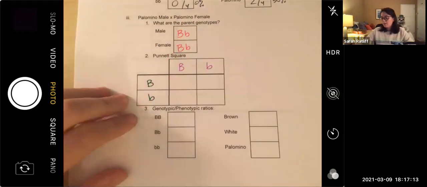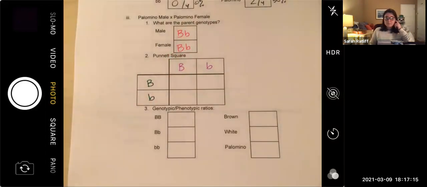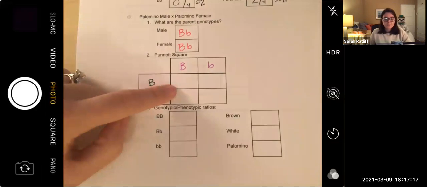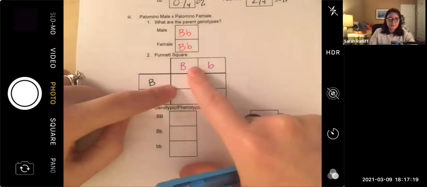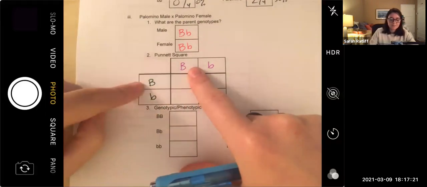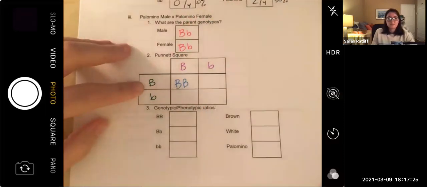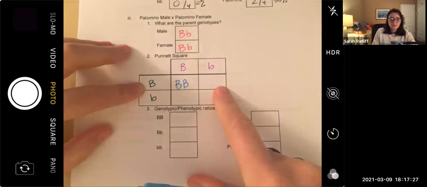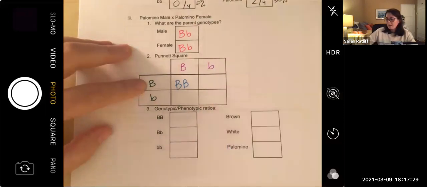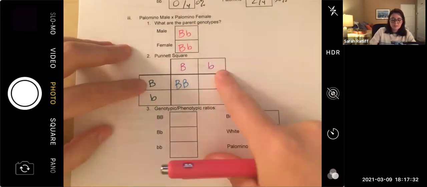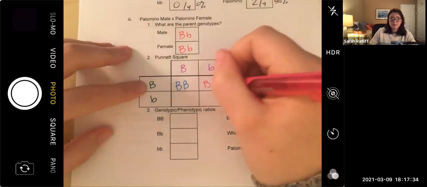Now let's look at our babies. First up, we're going to get a big B from dad and a big B from mom. Homozygous dominant. Second one over here, we get a big B from mom and a little b from dad. That gives us our heterozygote.